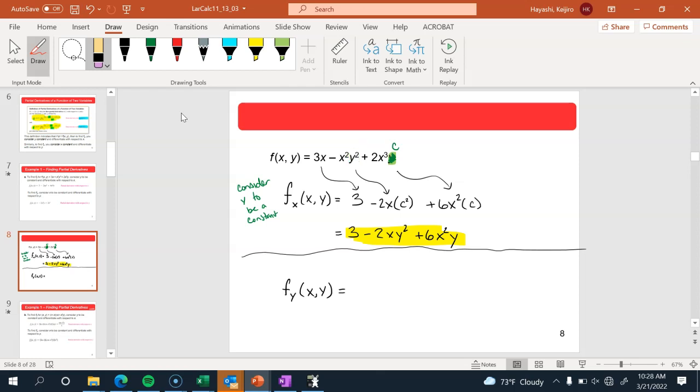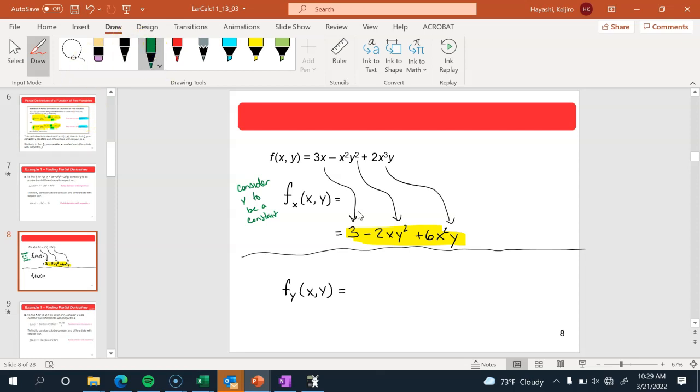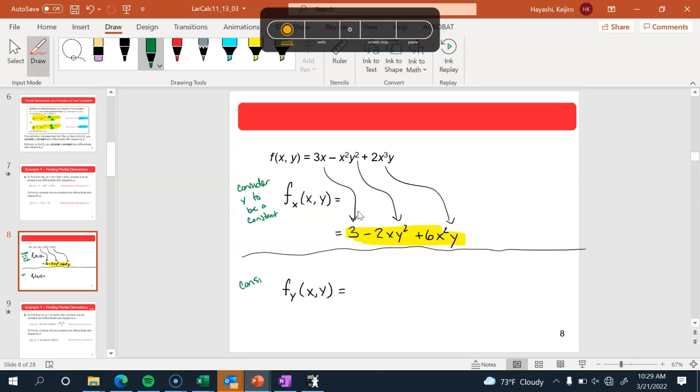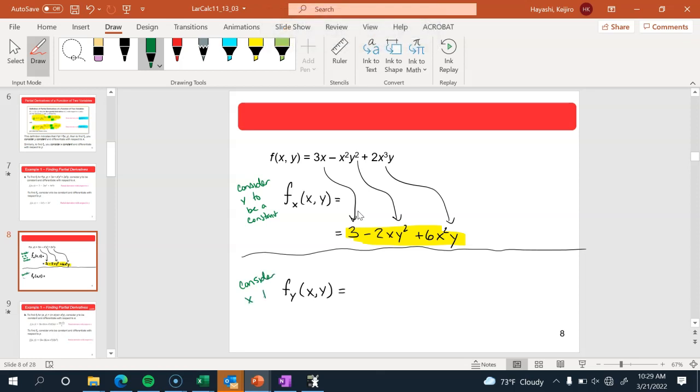I'm just going to get rid of this. You guys know you can do it. All right, and here, with the partial derivative with respect to y, we'll consider x to be a constant.